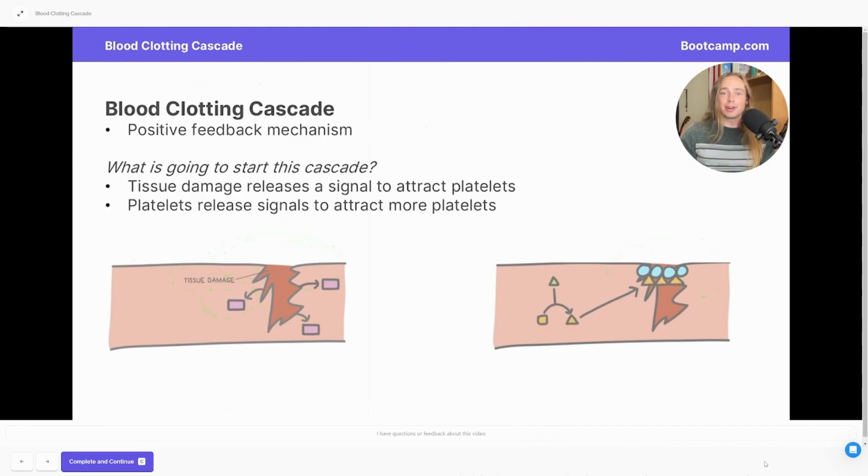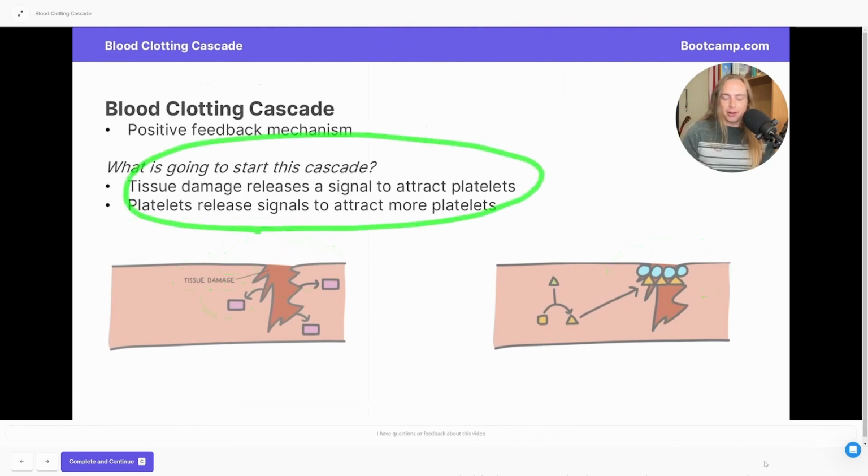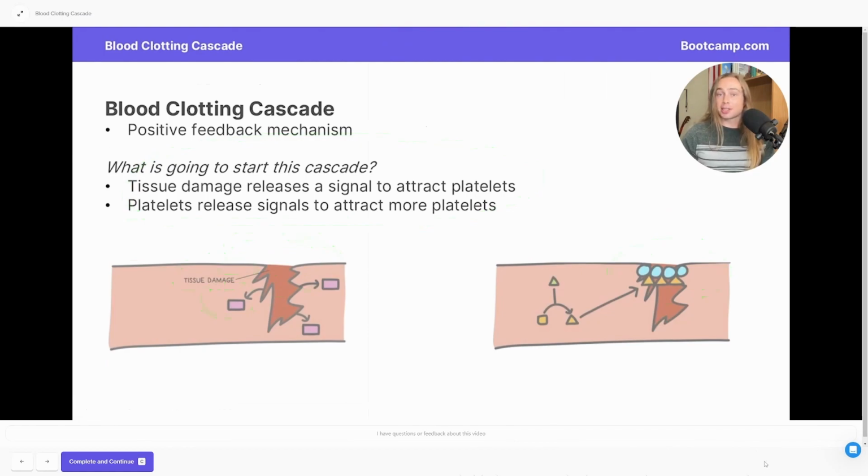Platelets are just cell fragments that are known to be involved with helping form clots. Now, where we really see the positive feedback mechanism part of this is that the platelets that have arrived will release more signals to attract more platelets to the scene, and they're going to continue to do this until a clot has been formed. Overall, this is the basic part of the blood clotting cascade, but now we're going to break it down into more accurate and smaller parts.